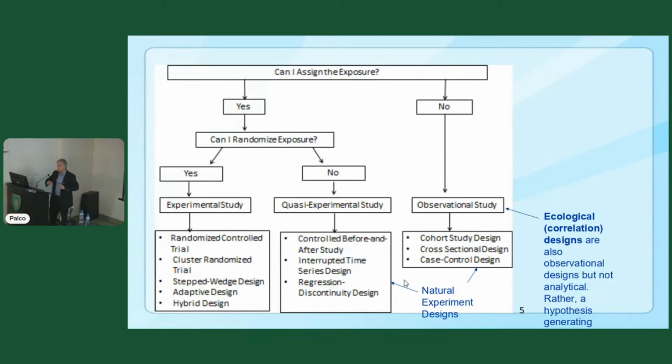On the other hand, if you have the power to assign exposure, to expose an individual to tobacco or not, then you are in experimental design. By the way, question to you: why would nobody in the 40s, 50s, 60s, or even today experimentally assign tobacco to one group and not assign it to another group?